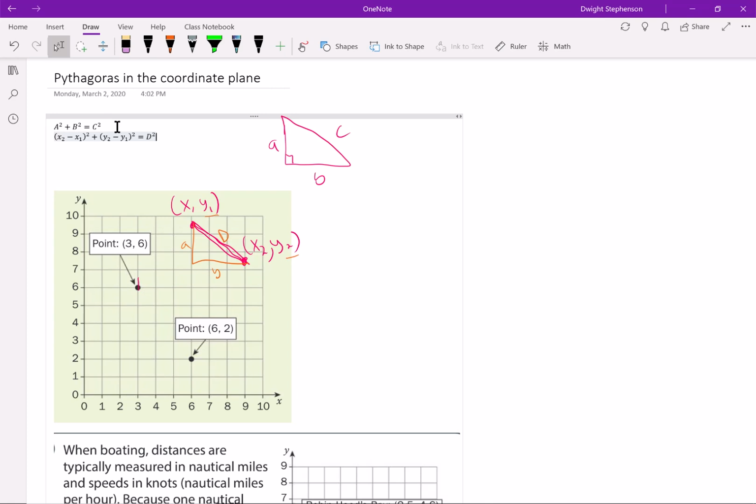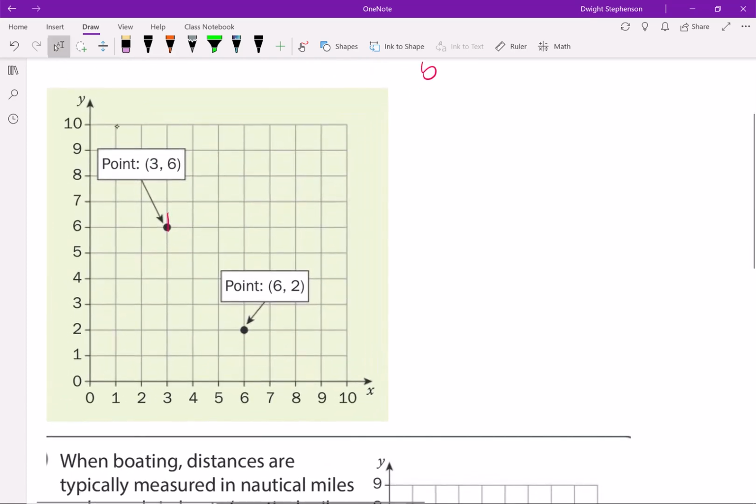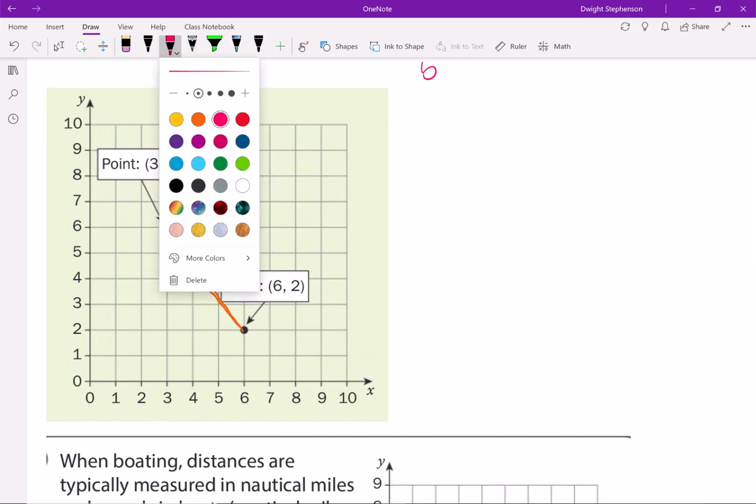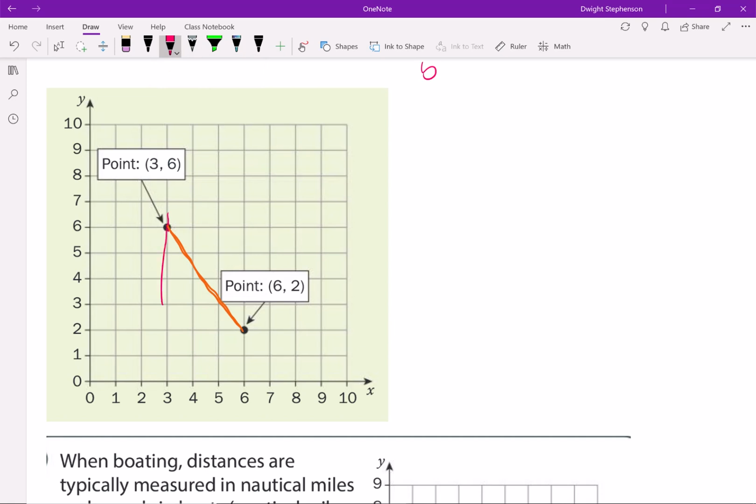So let's look at this example that we're given down in this coordinate plane. I'm trying to find the distance between these 2 points, as if I could just walk straight there, right? So if you consider the triangle of going straight down and straight over, this side length, let's call it a here, would be determined by, see how the x coordinates are 3 and 6, so the distance would just be 6 minus 3, right?